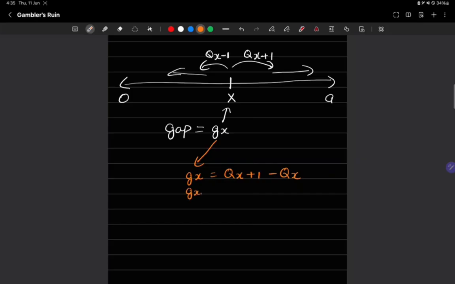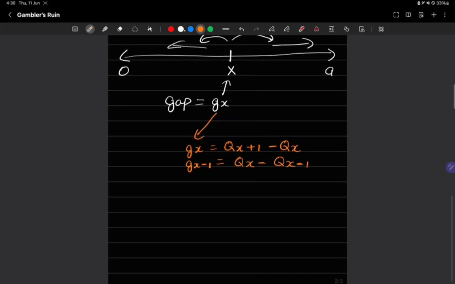And let's say what will be Gx minus 1? It's the event that it's going near 0, so that will be Qx minus 1. Now we can call Qx, from Q0, as many gaps till Qx minus 1.